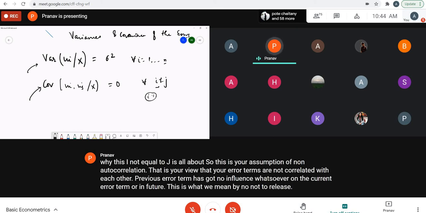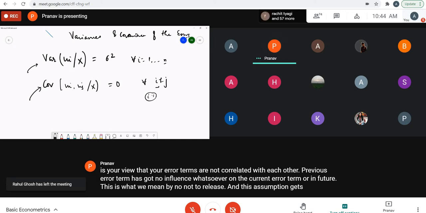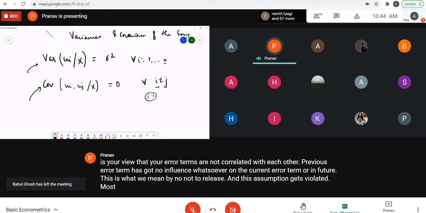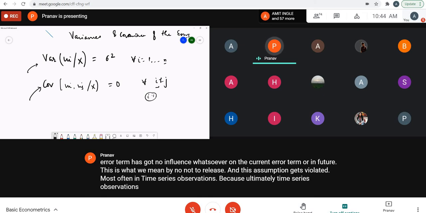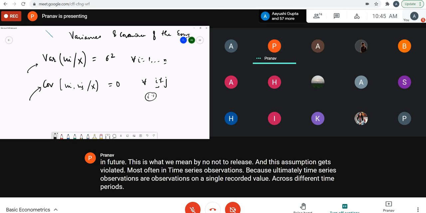And this assumption gets violated most often in time series observations, because ultimately time series observations are observations on a single recorded value across different time periods.